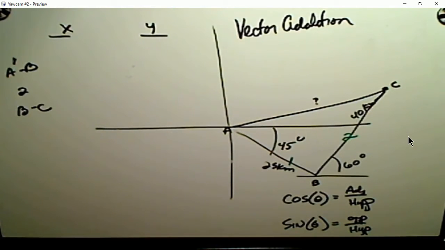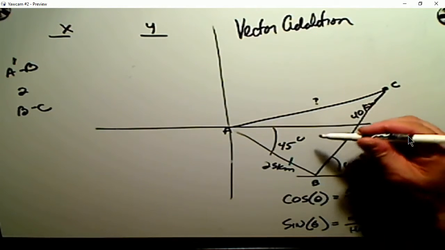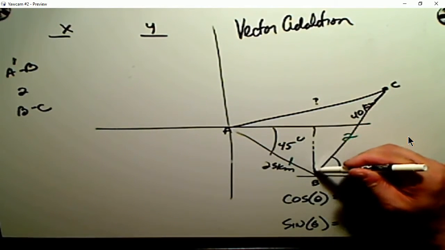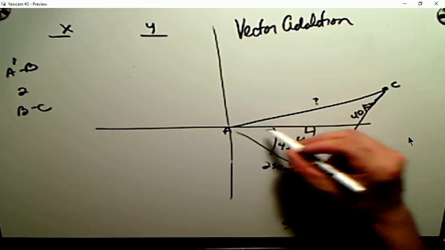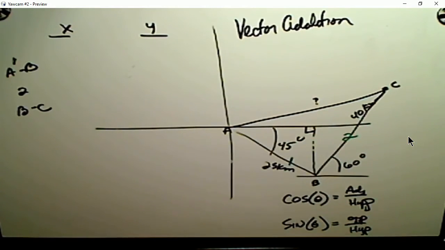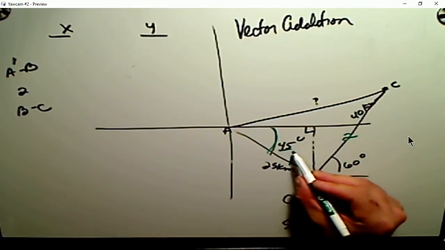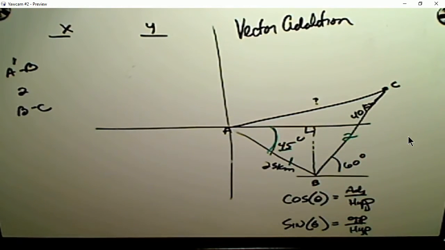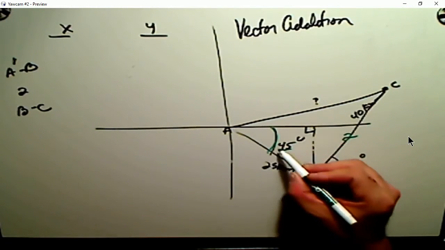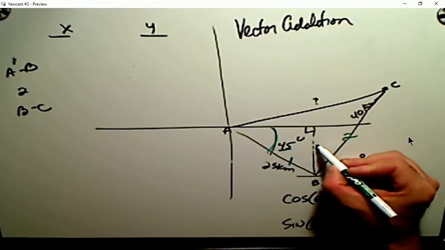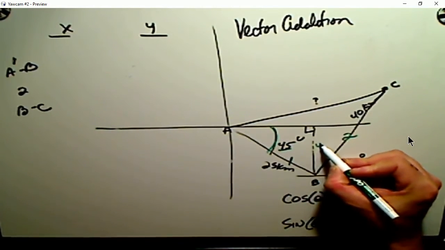Well, if I am looking from A to B for this particular vector with this particular right triangle, and I say this angle is 45 degrees, the opposite side is the y direction.